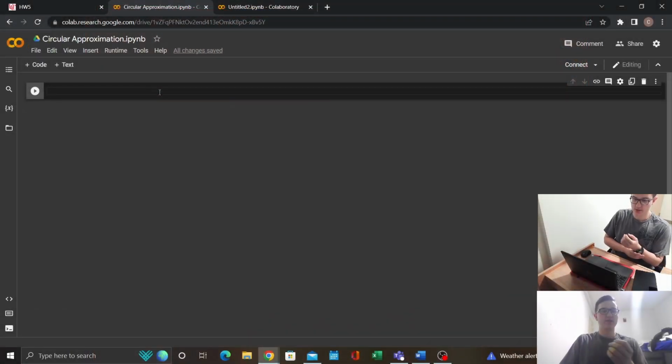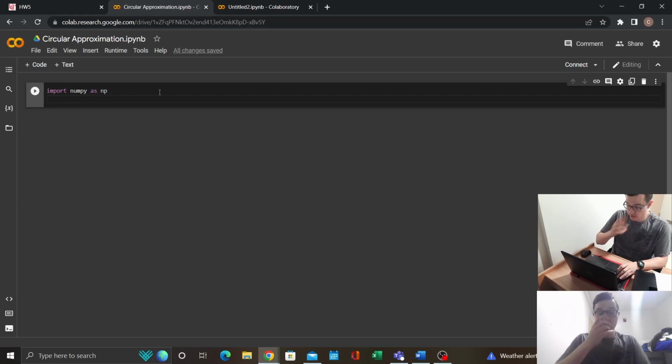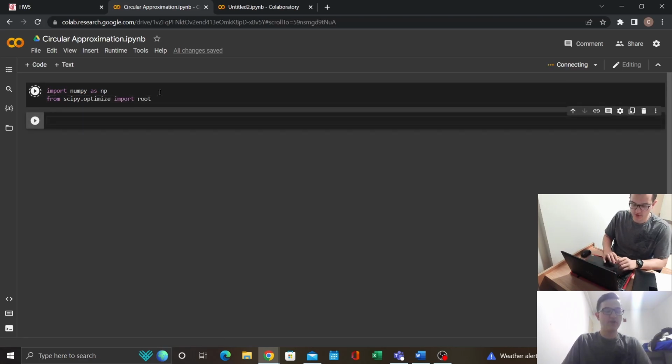All right, so to begin our coding, I'm going to start with the usual import numpy as np. We're also going to import the root solver, so from scipy.optimize import root. That should be all we need.